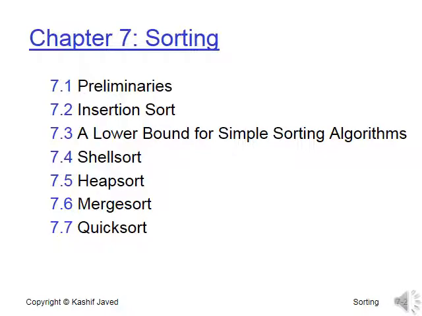It has time complexity of order n log n on average as well. Quick sort, we partition the list around one element called a pivot, then sort each partition and combine them together. Time complexity of order n log n on average as well.